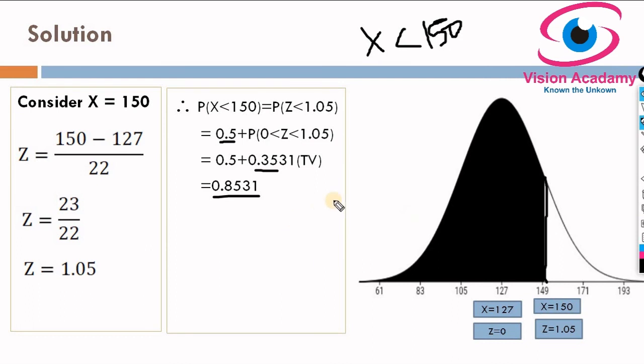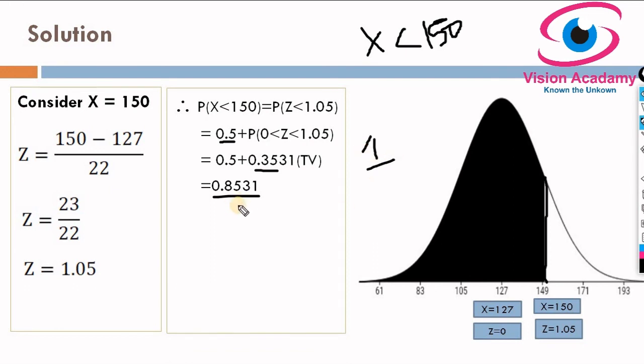They may also ask one more question here: the proportion of semiconductors that are not acceptable. For that you have to calculate as I calculated in the problem. But finally you need to do one more thing: the whole normal curve is equal to 1 only, or 100%.